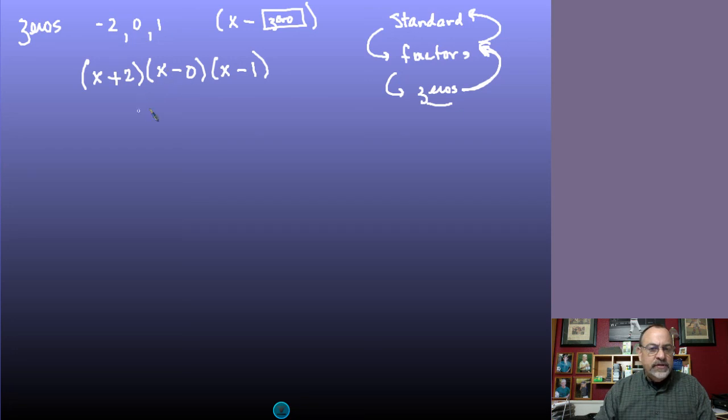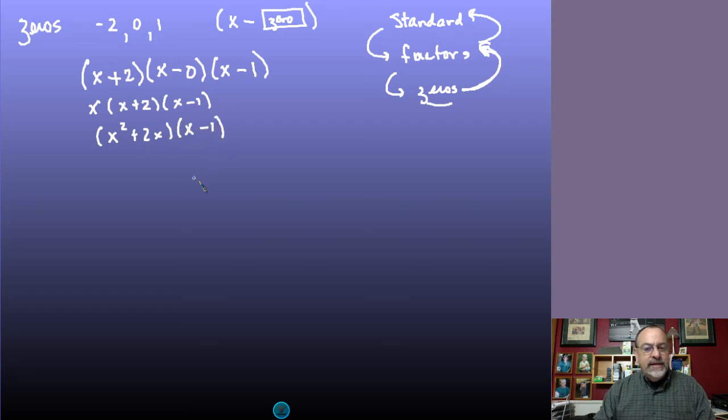Now x minus 0 is just x, so I'm going to put that out in front. And then we have this. So then we can distribute this or this first, it doesn't matter. I'm going to distribute the x first. So this is going to be x squared plus 2x, and that's going to give me my answer, and then I need to multiply that times this. So distributing, I take the x squared times this whole thing, and then I take the positive 2x and I multiply it times this.